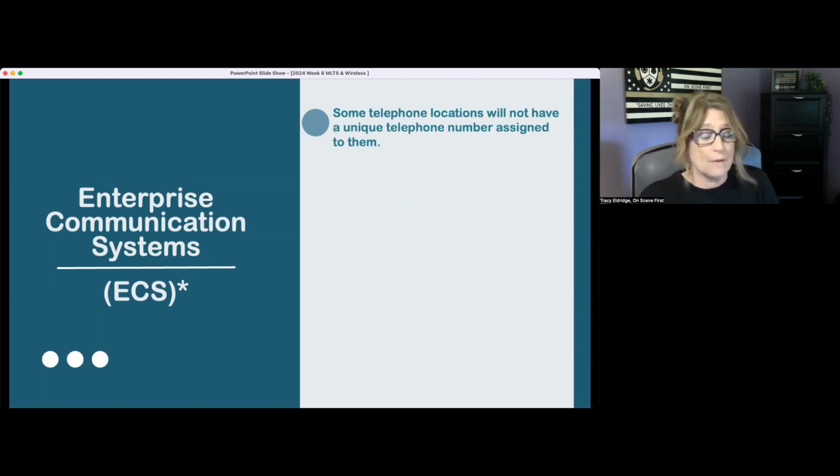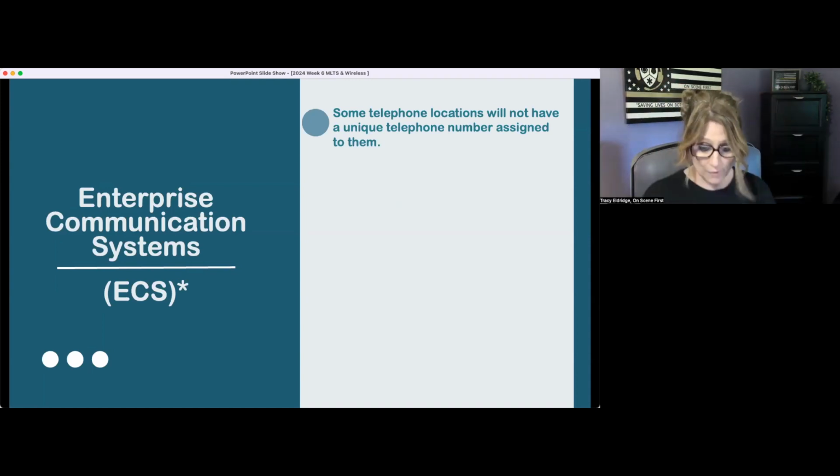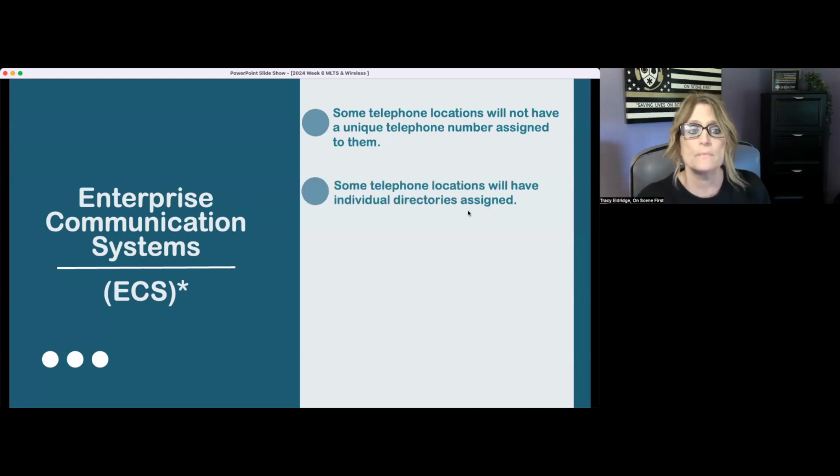So let's break these down. Some telephone locations will not have a unique telephone number assigned to them. They'll have one main phone number that you call into, and then you have the recording, the phone tree that will send you somewhere else in that facility. Some telephone locations will have individual directories assigned. So in my police department, or most police departments, if you press 1, you get the chief.